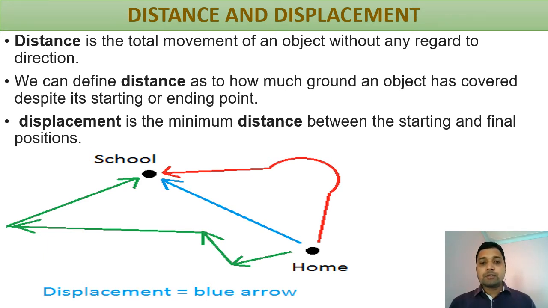Distance needs no direction, but in the case of displacement, from home to school it is a straight line given an arrow. An arrow always shows the direction for vector quantities, but for a scalar quantity there is no need of any arrow, because it does not depend upon any direction.